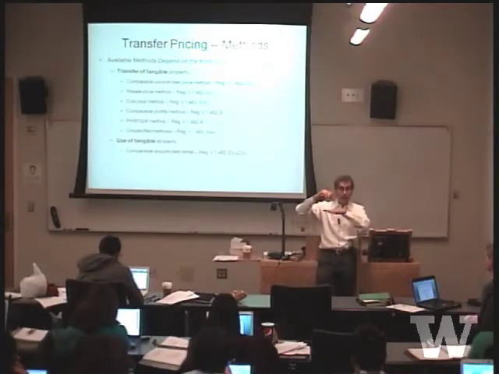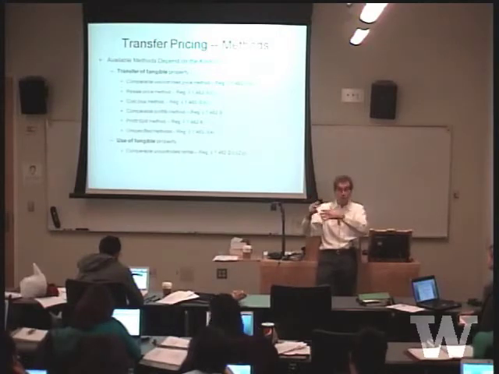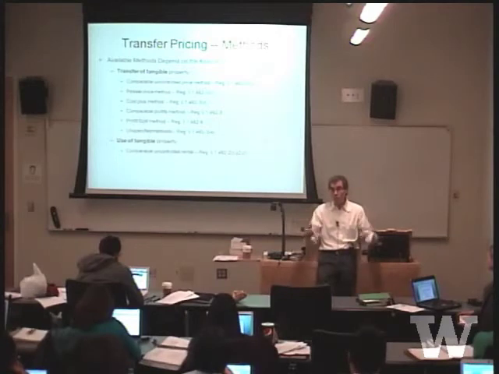And that can create a range. In other words, by looking at 5 or 10 or 20 different distributors, you end up getting a range of margins which you then apply to your controlled situation.